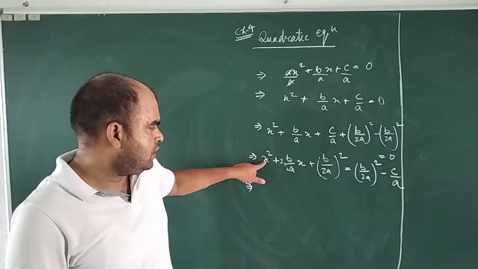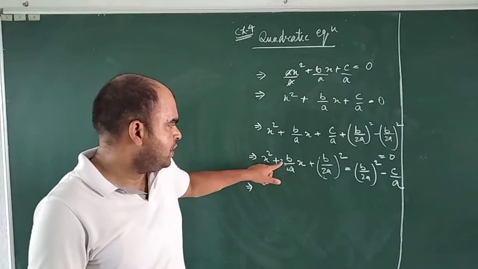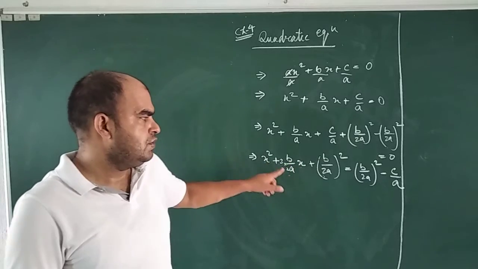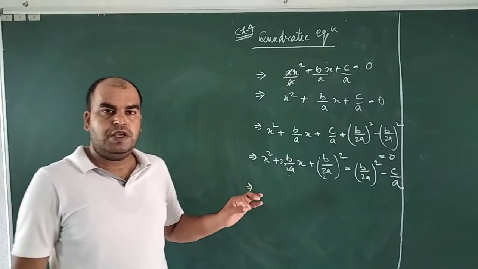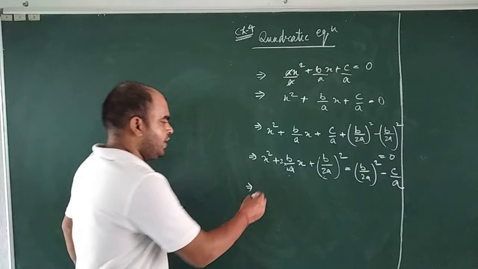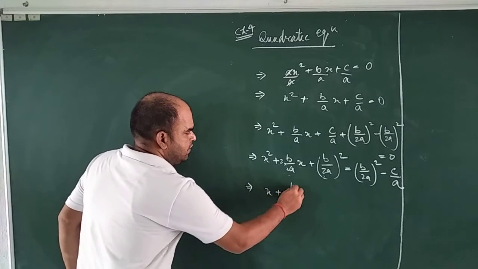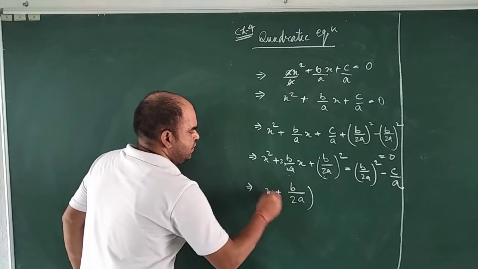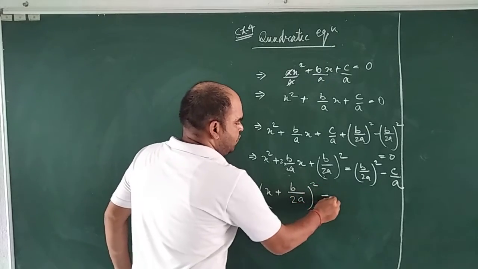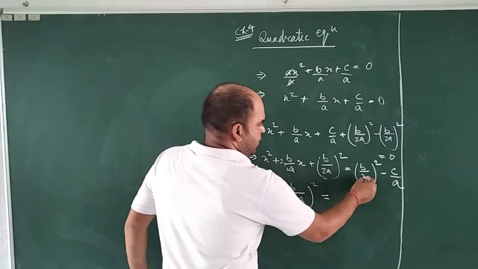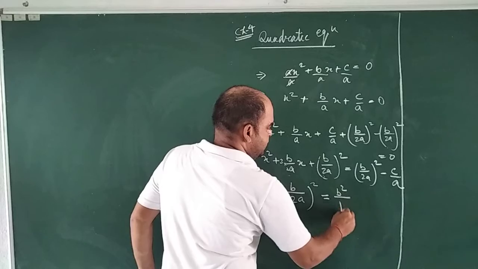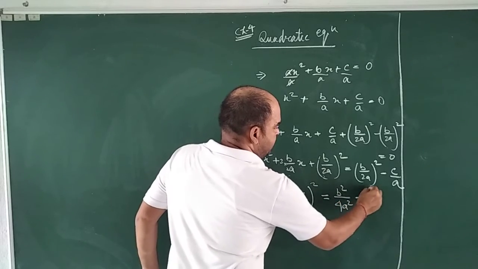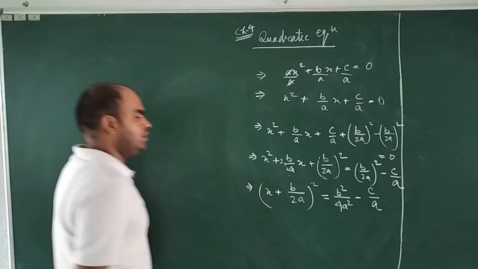So this is a square plus b square plus 2ab, which is in the form of a plus b whole square. So we can write x plus b upon 2a whole square equal to, on this side you can simplify b square upon 4a square minus c upon a.